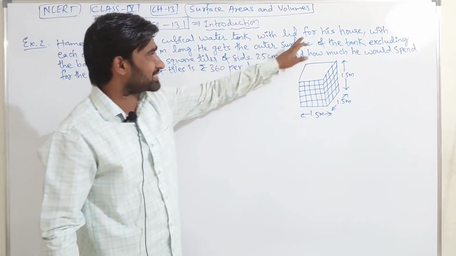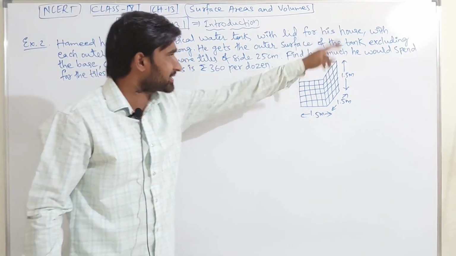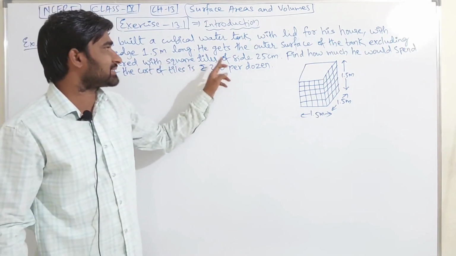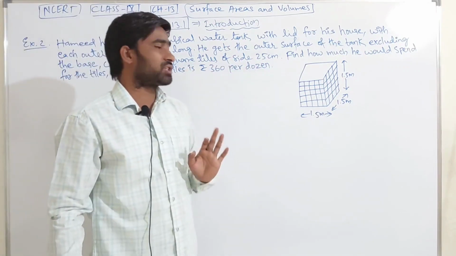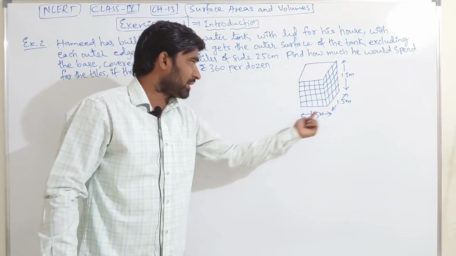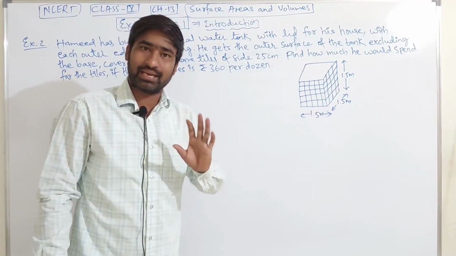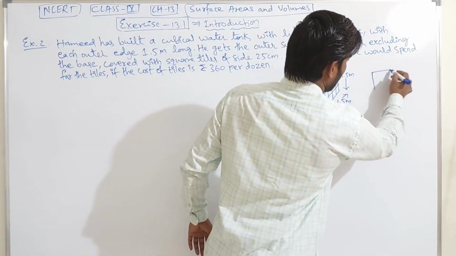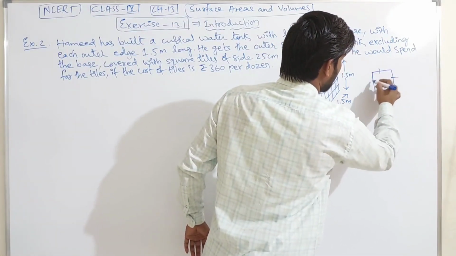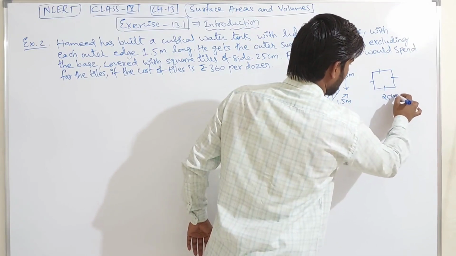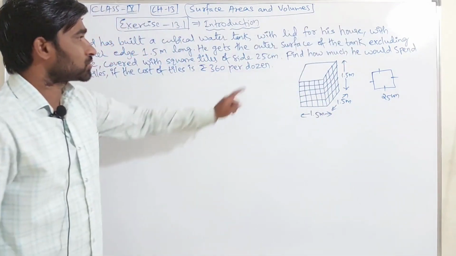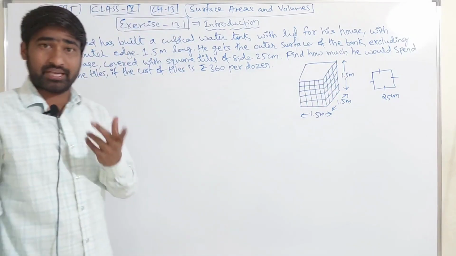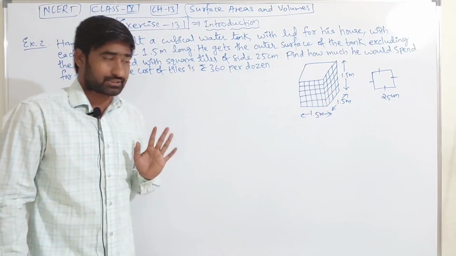He covers the outer surface area of the tank, excluding the base, with square tiles of side 25 cm. Except the base, this complete cubical tank is covered with tiles, and the side of each tile is 25 cm, in the shape of a square. So find how much he would spend for the tiles. How much money would he have to spend for all the tiles?